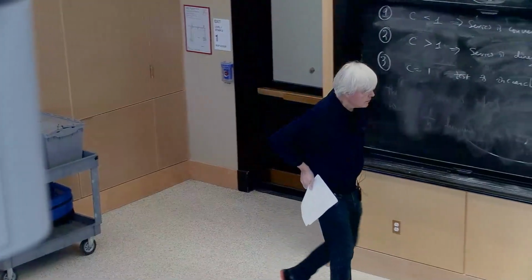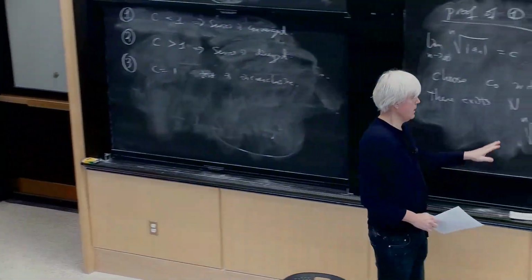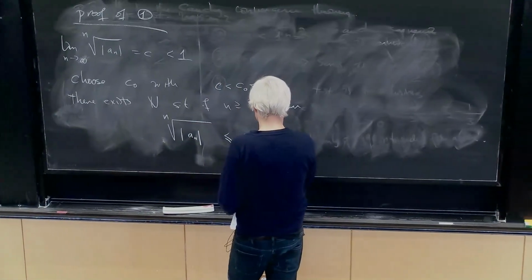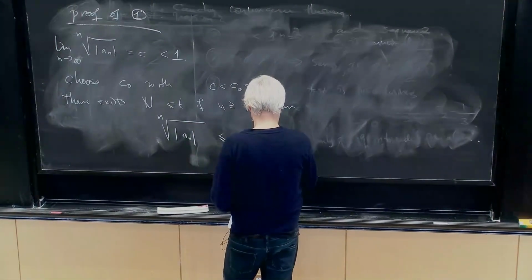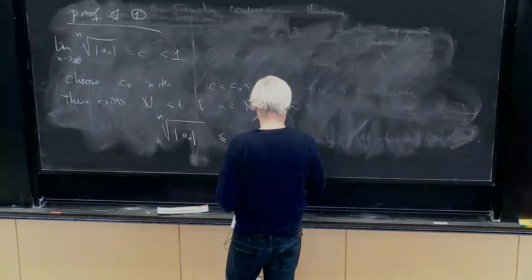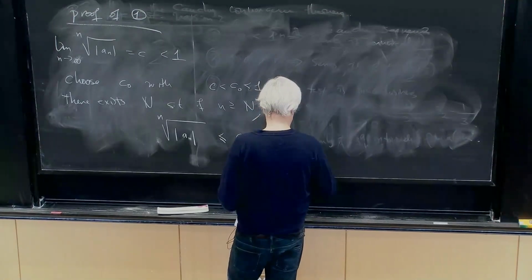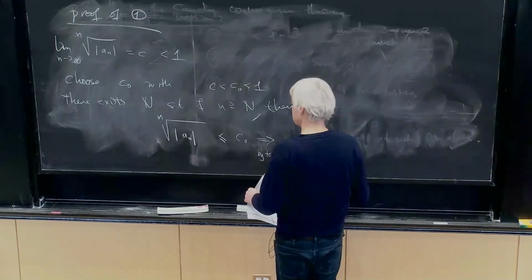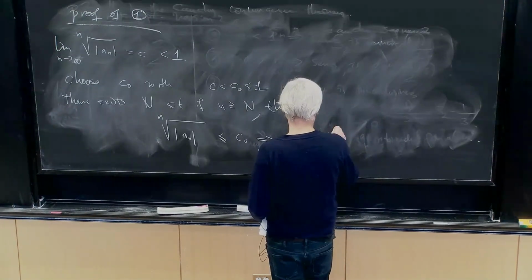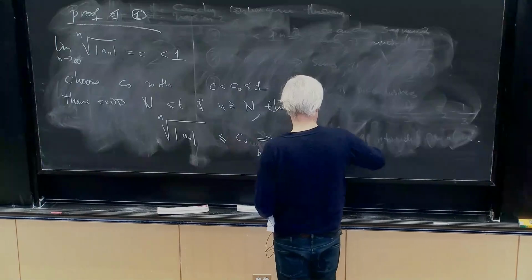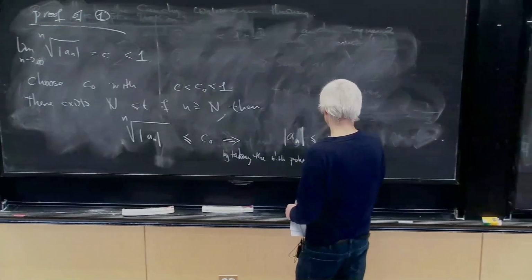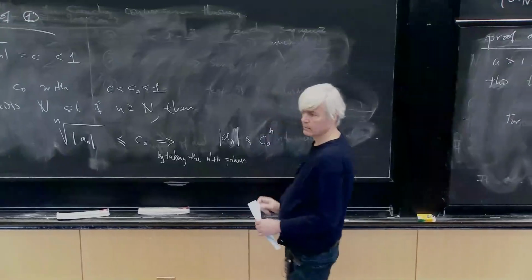So now we just take the nth power on both sides. So this implies, by taking the nth power, that the absolute value of an is less than or equal to c0 to the power n.